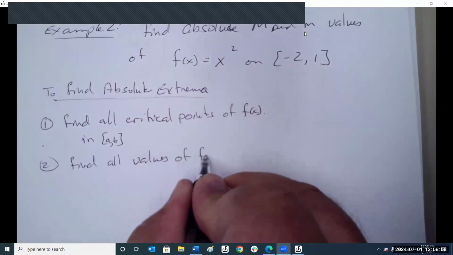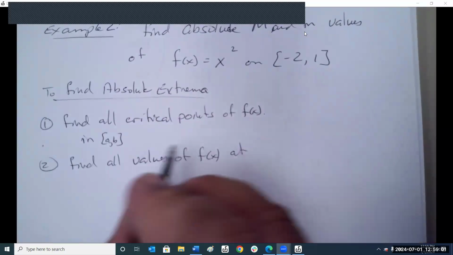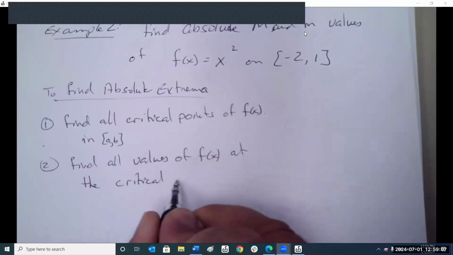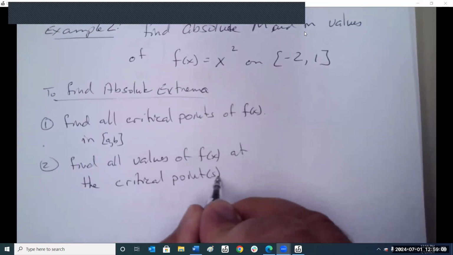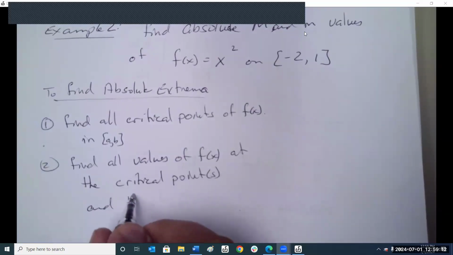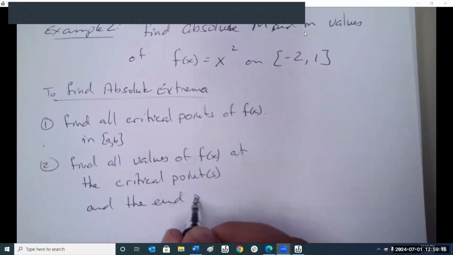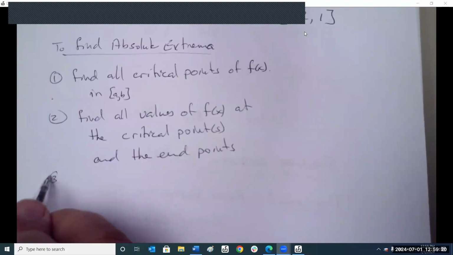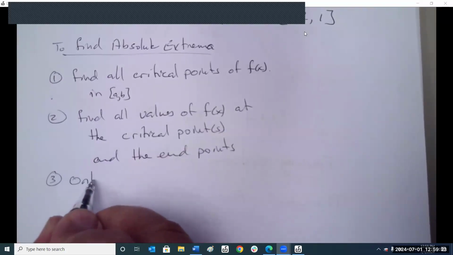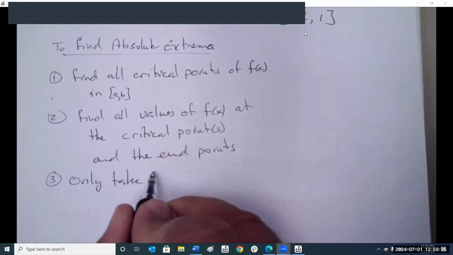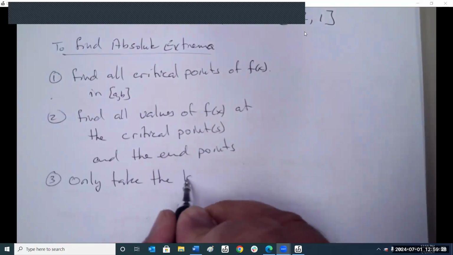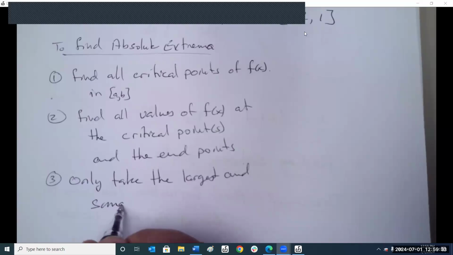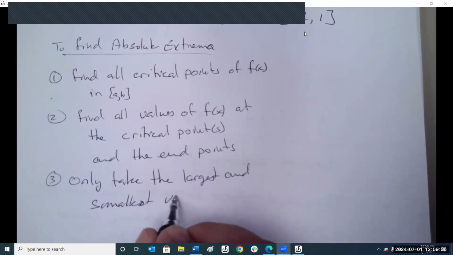Find all values of f of x at the critical point or points and the endpoints. Then only take the largest and smallest values.